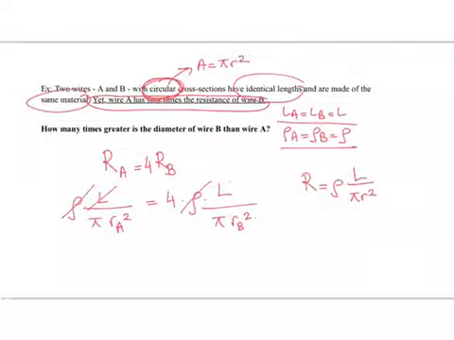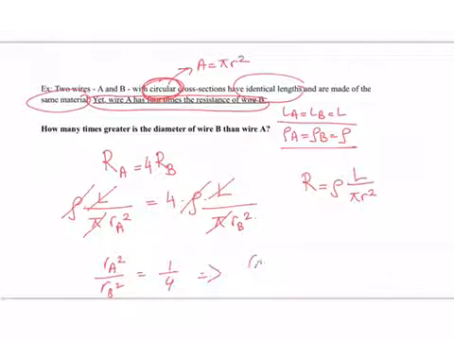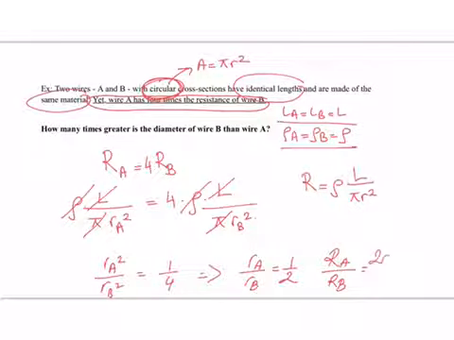When we cancel the same terms, we find that rA squared over rB squared is equal to 1 over 4. So the ratio of the radii is equal to 1 over 2, and so is the ratio of the diameters, which is 2 times the radii, again 1 over 2.